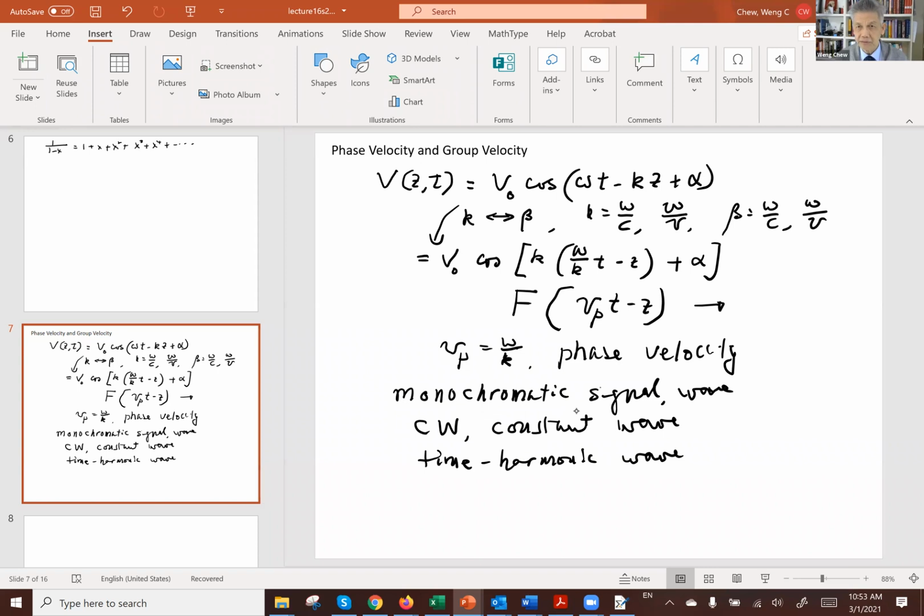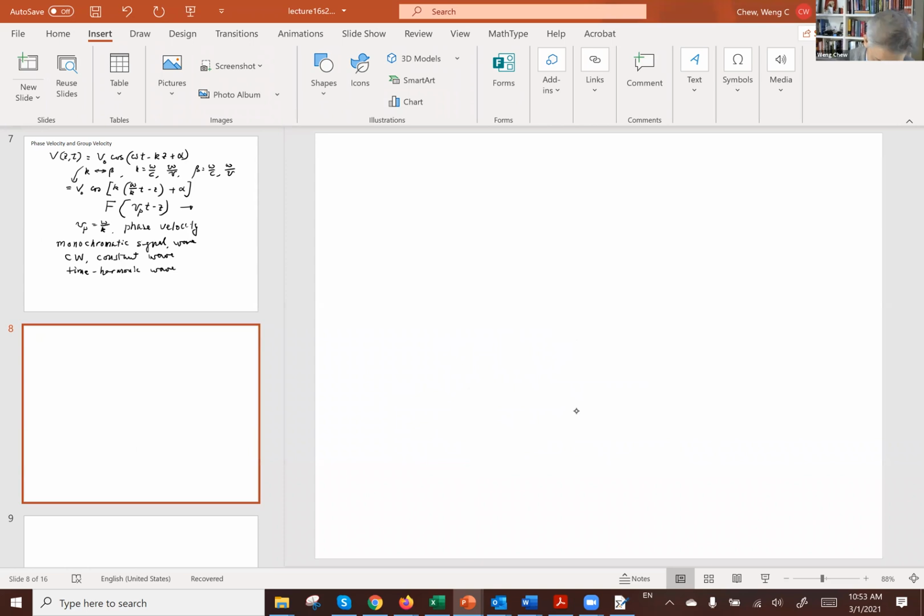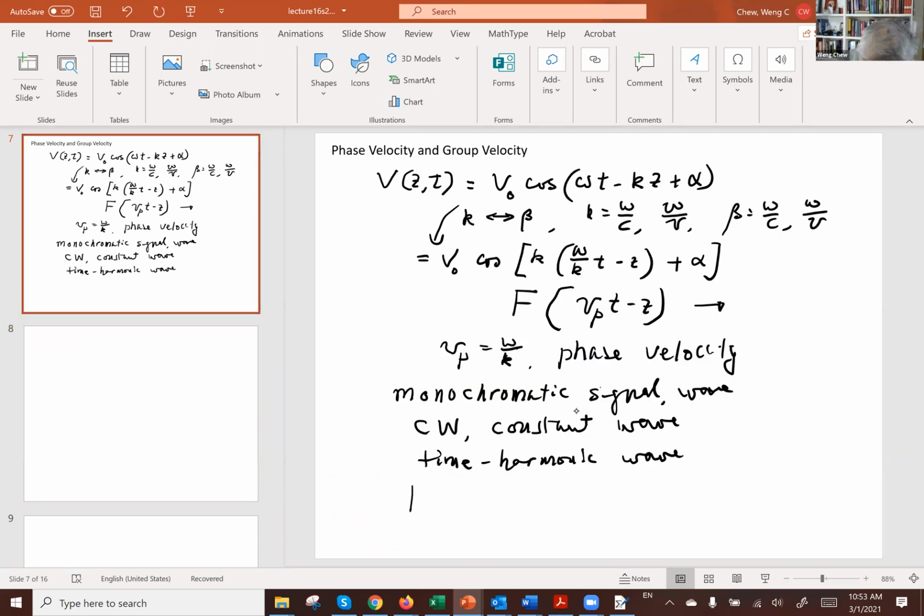However, if the medium is such that k is not a constant, say k is a function of omega, or maybe I should say that epsilon is a function of omega, then we know that v is 1 over root mu epsilon, and then v will be a function of omega. v is not a constant anymore.